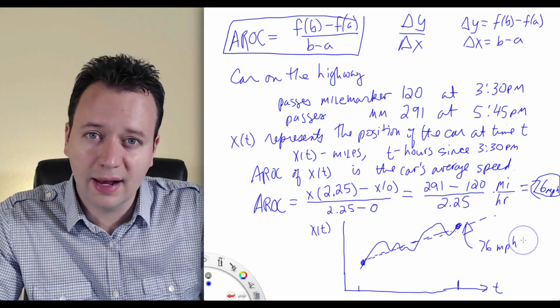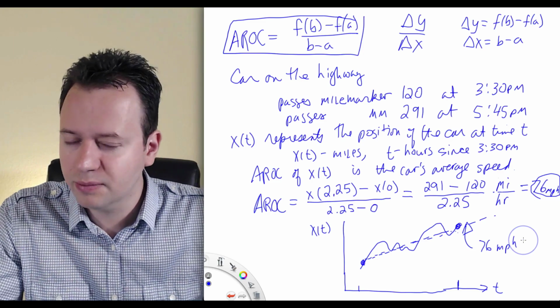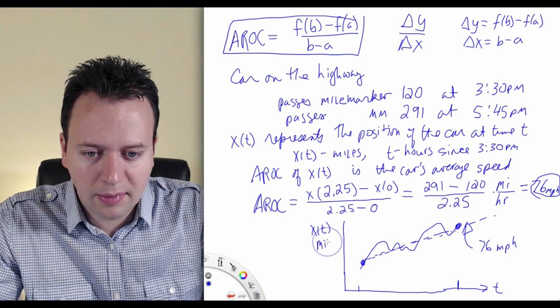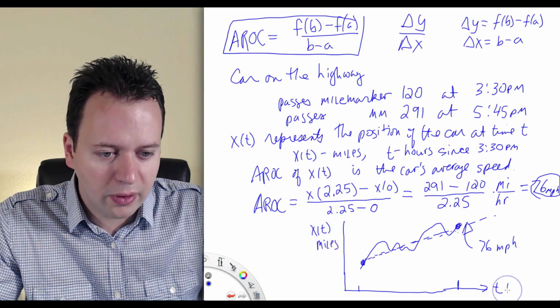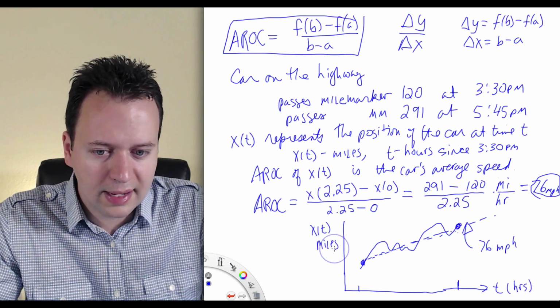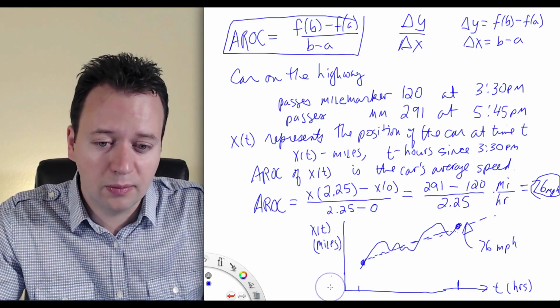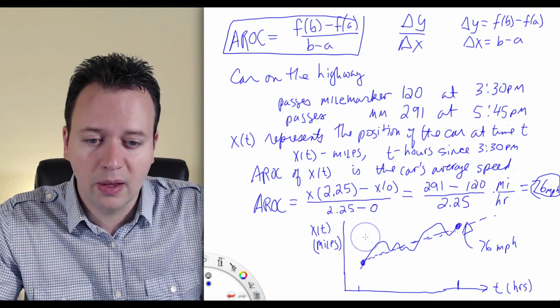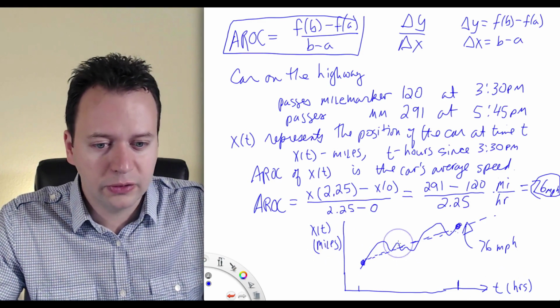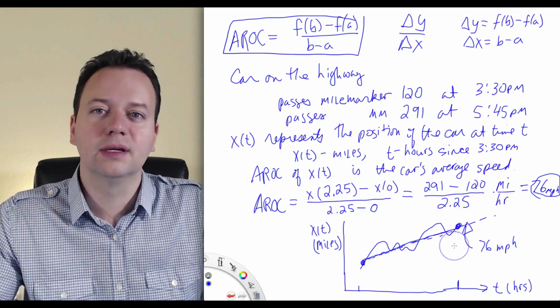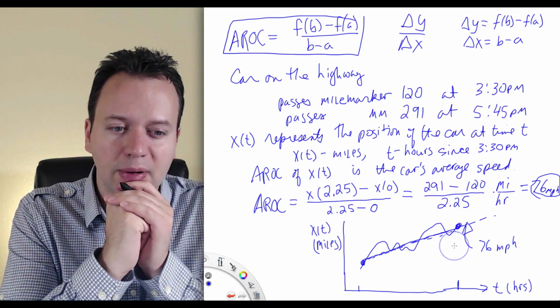Why does the line have a slope of units miles per hour? Well, the vertical axis, x, is in miles, and the horizontal axis, t, is in hours. So when we divide change in the vertical displacement by the change in the horizontal displacement, we get miles per hour. So we have this line connecting our 2 endpoints. It has a slope of 76 miles per hour.